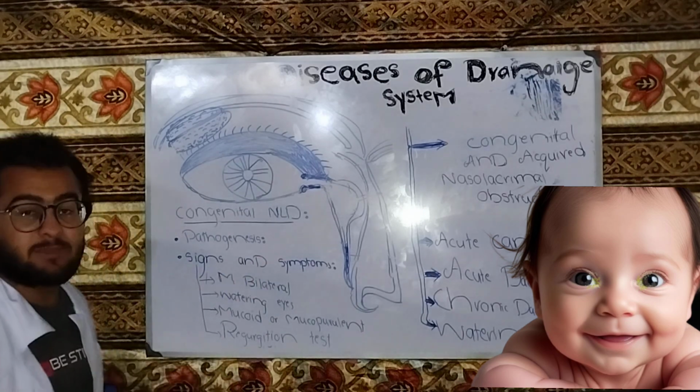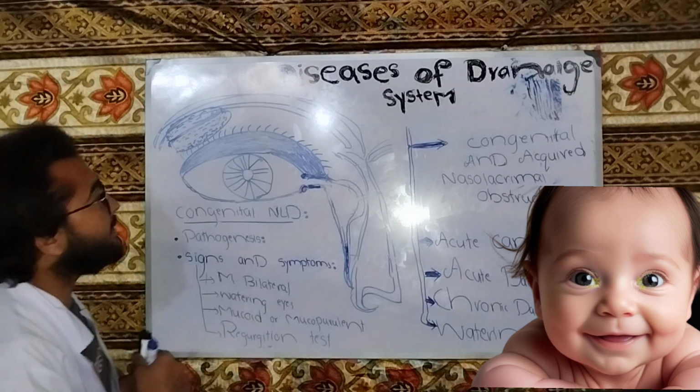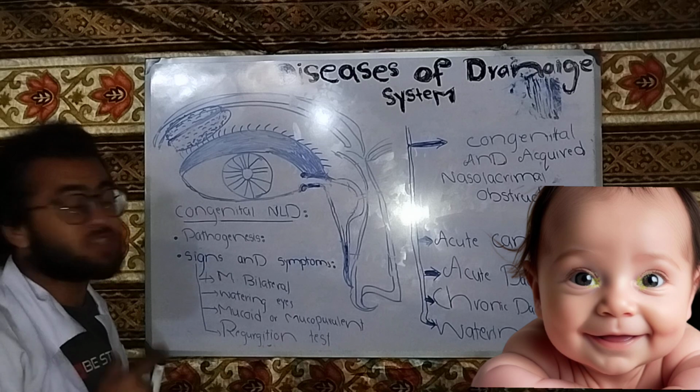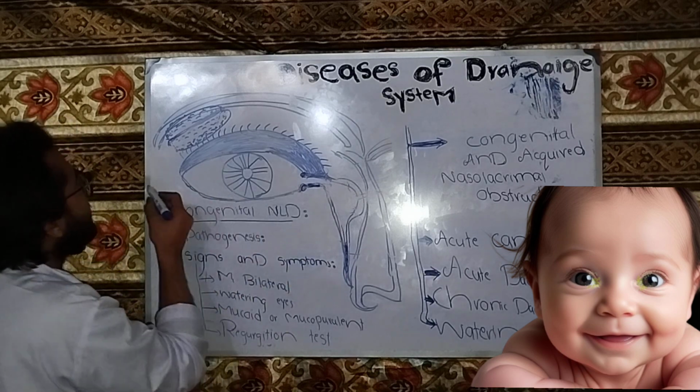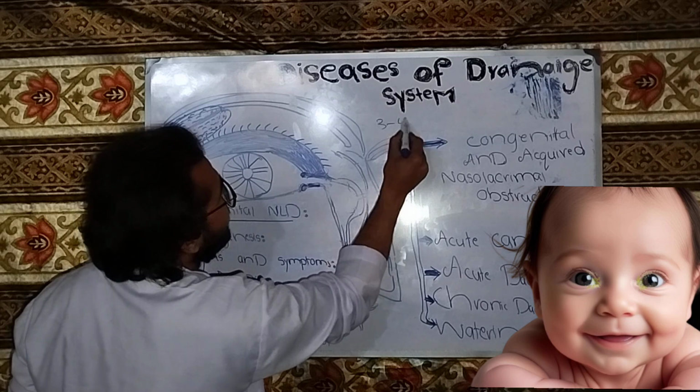What are the signs and symptoms? How will the child present? Because we know, as we discussed previously, that tear production starts at about 3 to 4 weeks after birth.